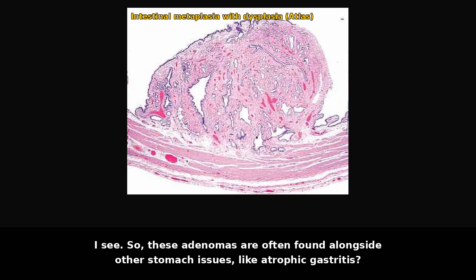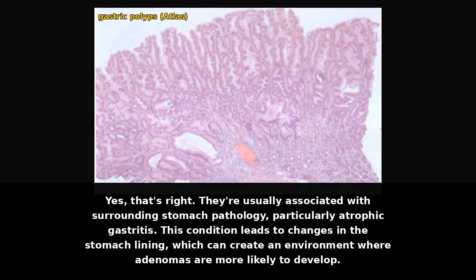So these adenomas are often found alongside other stomach issues like atrophic gastritis. Yes, that's right. They're usually associated with surrounding stomach pathology, particularly atrophic gastritis. This condition leads to changes in the stomach lining, which can create an environment where adenomas are more likely to develop.